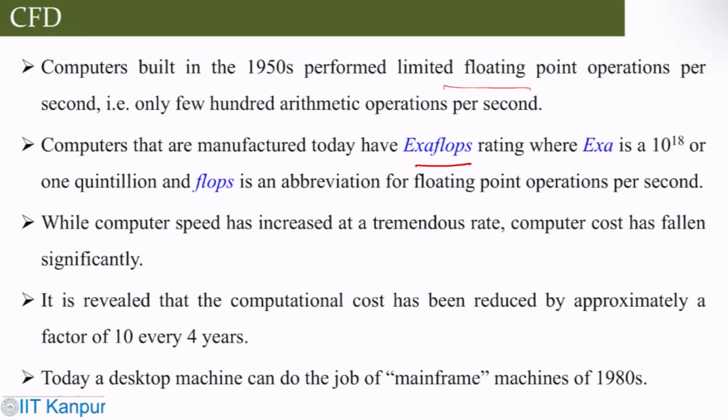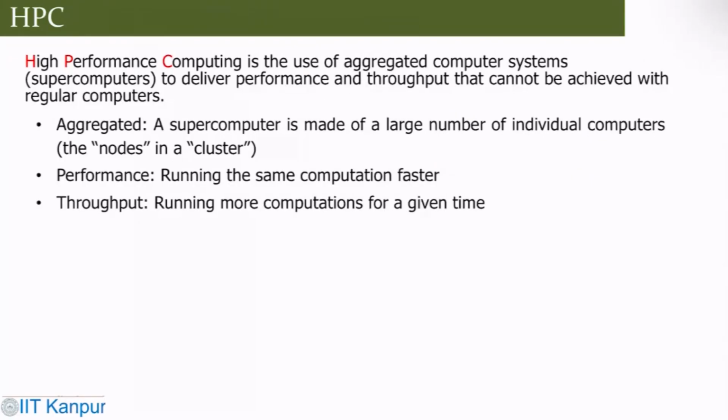The whole idea is that the computing infrastructure has advanced so much that we can do the kind of computing today which was not possible before. Obviously this was possible because of high performance computing platforms. A high performance computing platform uses an aggregated computer system, or what we call a supercomputer. There are multiple processor cores available, so your performance can go up and you can get simulations done with a quick turnaround time.